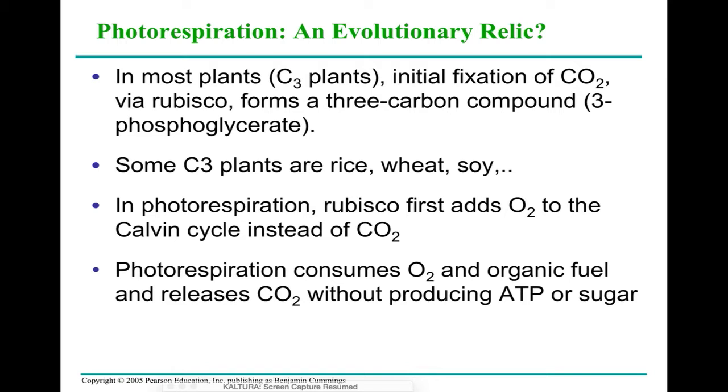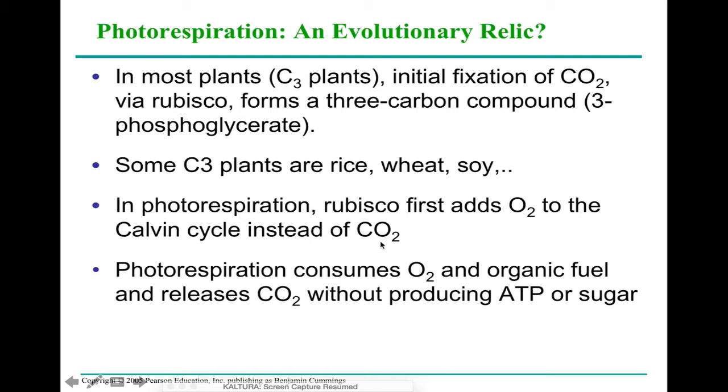Rubisco is adding oxygen to RUBP. When that happens, RUBP is unnecessarily wasted, no energy released, and no food made. Food is in fact getting broken down for no reason. So this process is called photorespiration. It's a wasteful process wherein rubisco adds oxygen to the Calvin cycle instead of carbon dioxide.